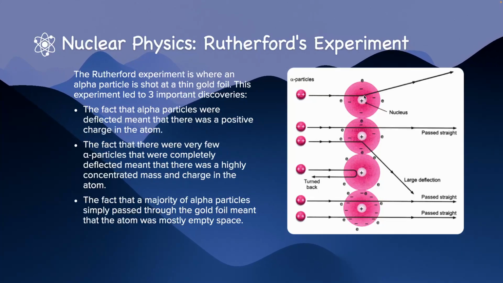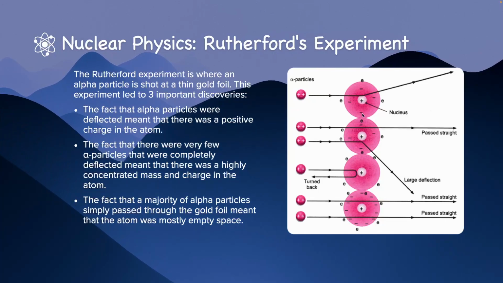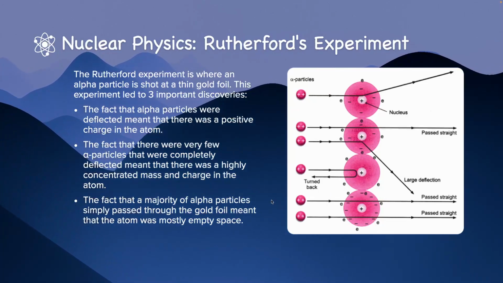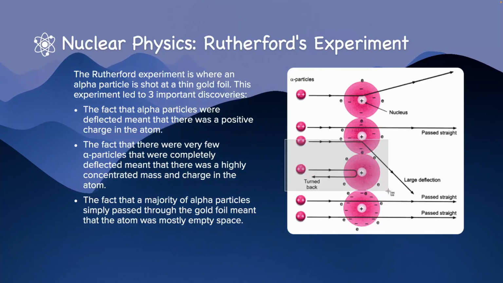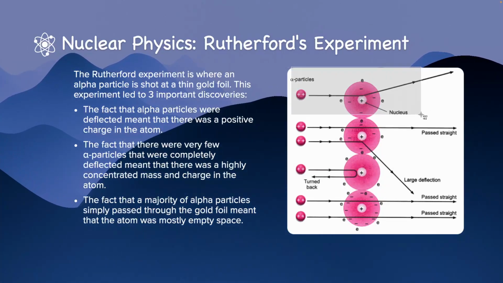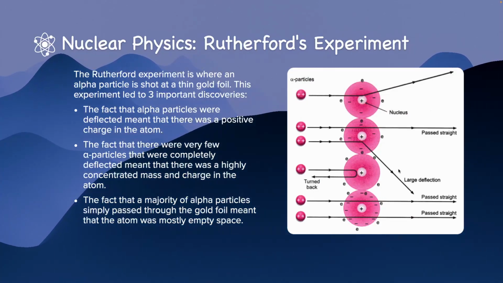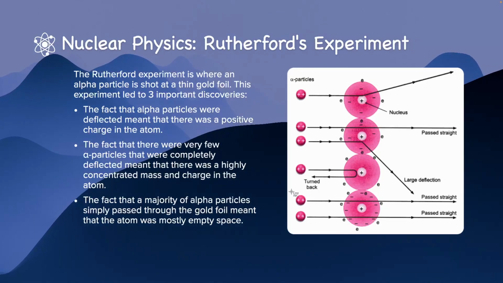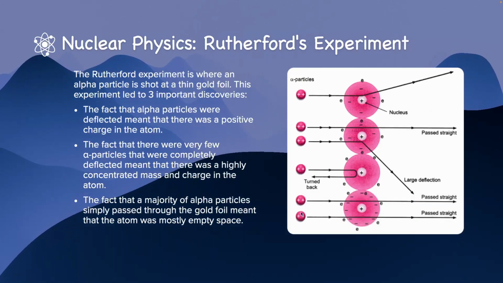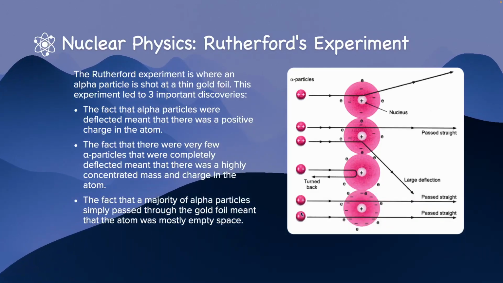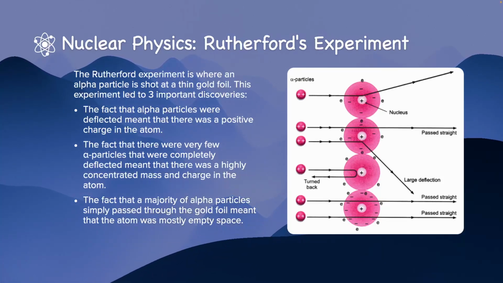There was a gold foil through which these alpha particles were passed, and a lot of the alpha particles passed right through the atom, but some of them got deflected like so, and some of them got slightly deflected like this. So this tells you that an atom consists of mainly empty space, because alpha particles are positively charged, and if they're passing right through most of the regions, this tells you that most of the regions don't have any charge on them, or basically they're empty.